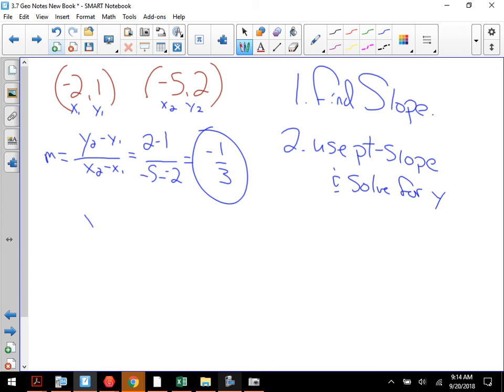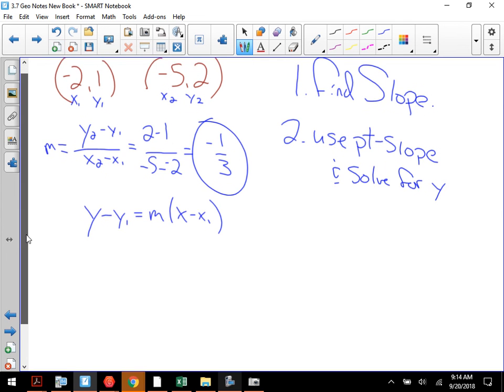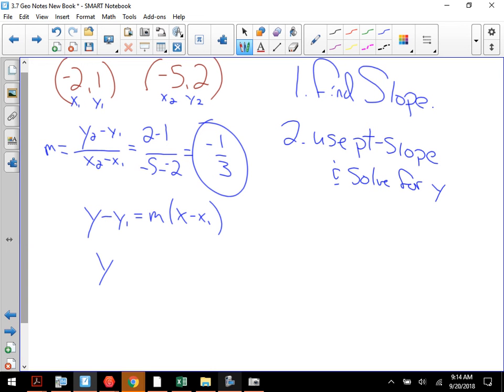So the second step, use point slope form and fill in the blanks. So we have y minus 1 is our slope, negative 1/3, times x, what's minus a negative 2?